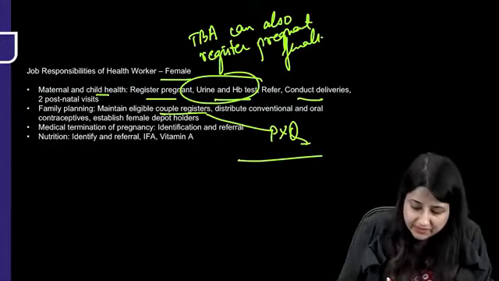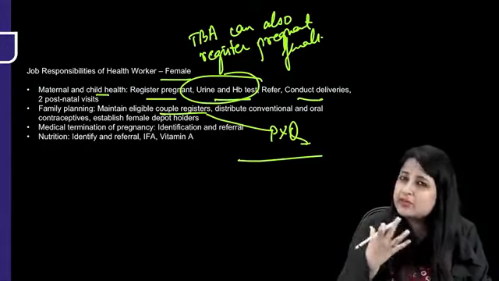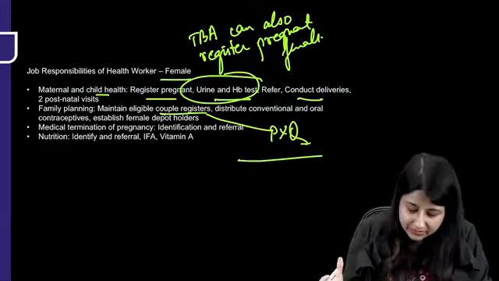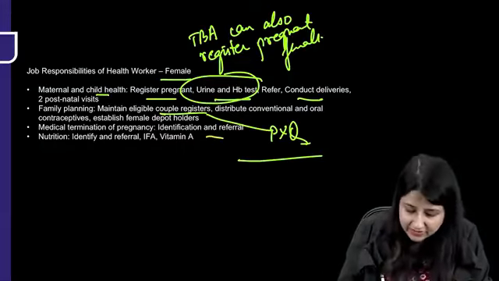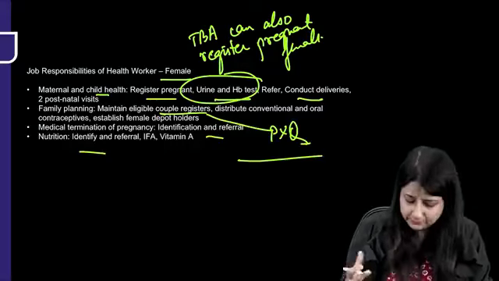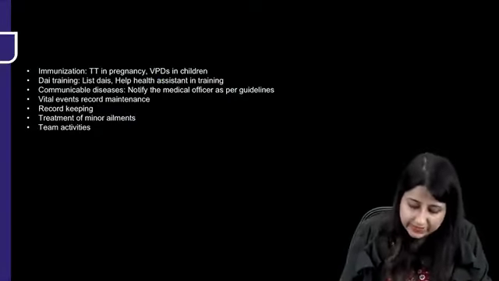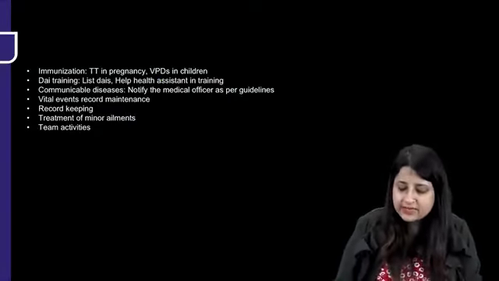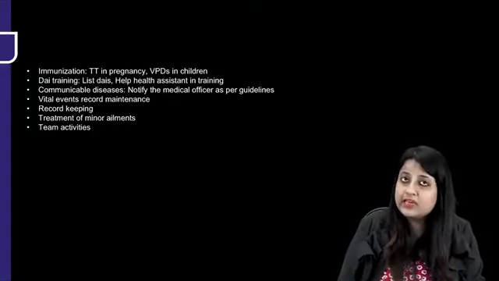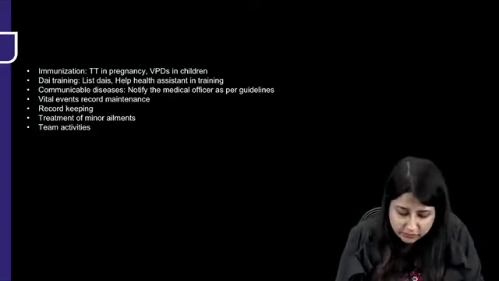Distribute conventional and oral contraceptives. Contraceptives can be distributed by male also, female also. MTP identification and referral, yes. Nutritional, providing vitamin IFA, both can do, male and female multipurpose worker. Immunization also both can do. Notify the medical officer if we identify any communicable, non-communicable disease, that also both can do.